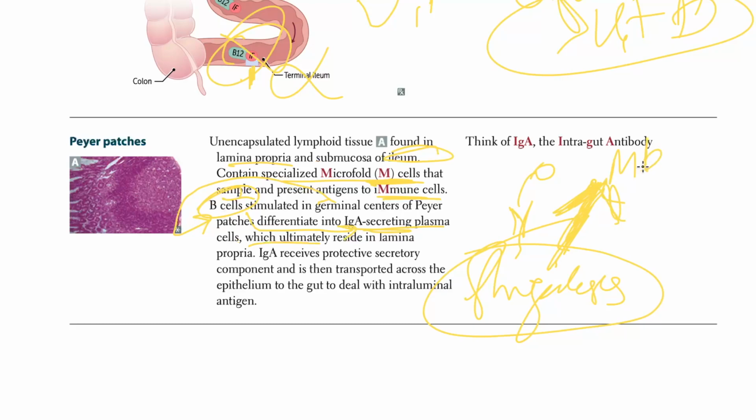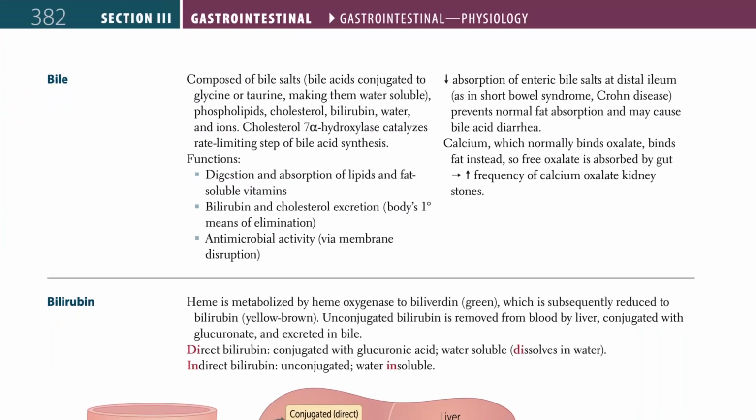By invading the GI mucosa, it goes into these M cells by endocytosis. Okay, that's shigellosis. Moving on to bile.